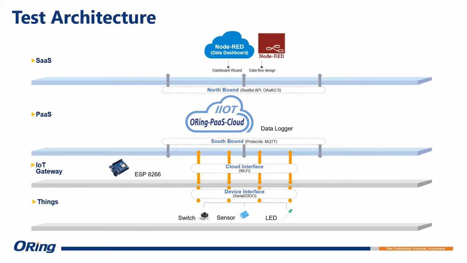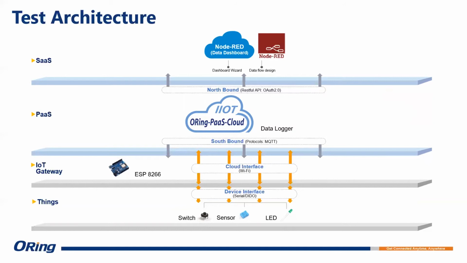They will use the serial and digital input-output interface with the ESP8266 Wi-Fi module, which in this case, our module will act as an IoT gateway. So it will help us to speak with the end devices and convert the data to the cloud platform interface, which of course in this case will be MQTT.